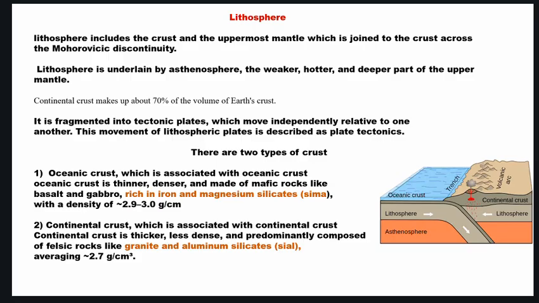That is your lithosphere. You don't just say it's a rigid outer shell and leave it there. You explain extensively what the lithosphere is and you add your diagrams. That is how you get your full marks in exams.